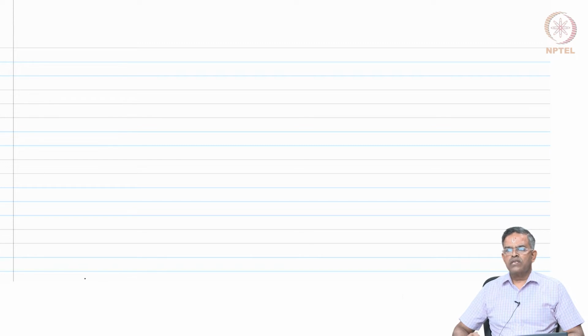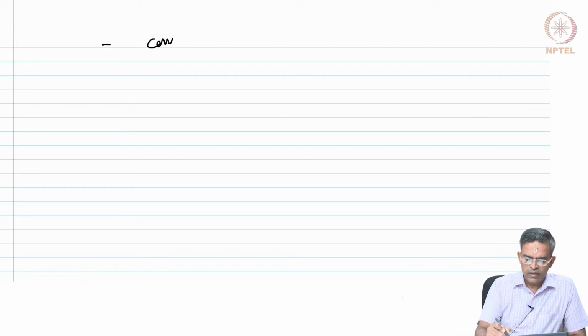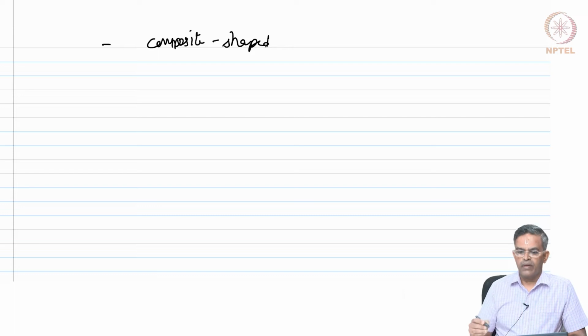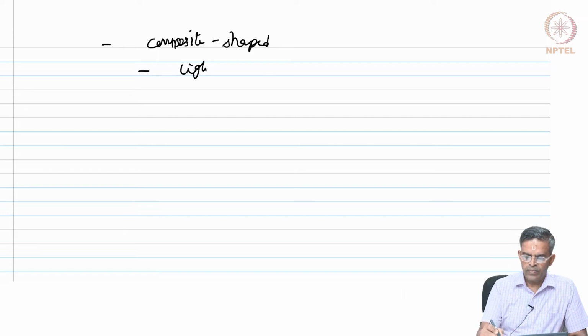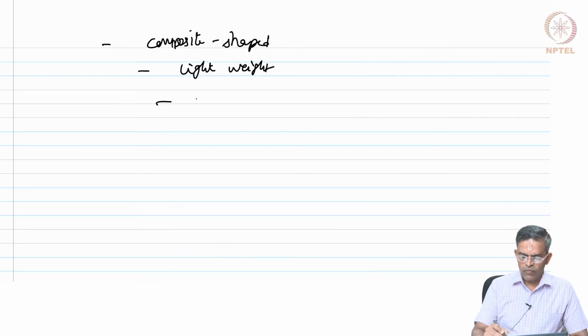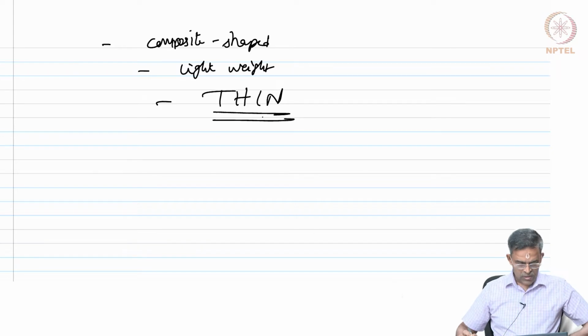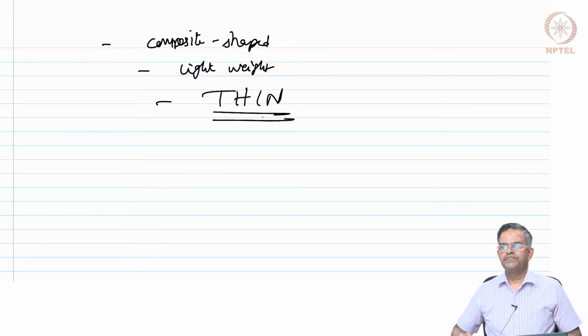Usually, structural steel is available in different shapes. So, we can say they are composite shaped, they have light weight, and of course, thin sections are also used.